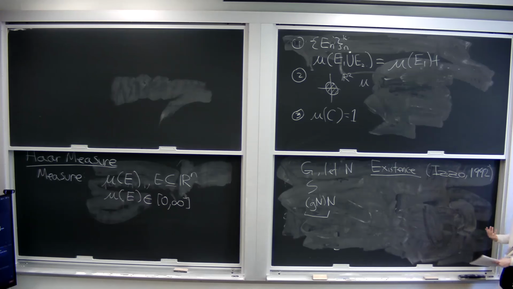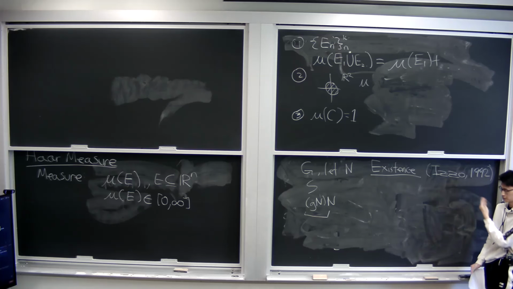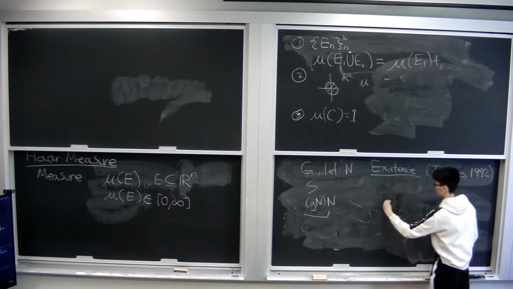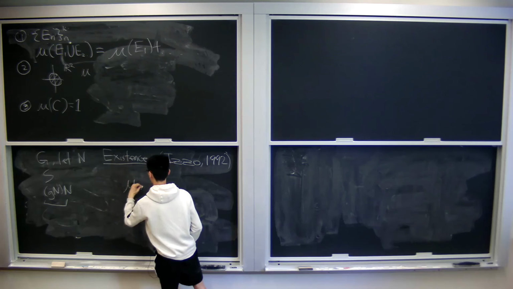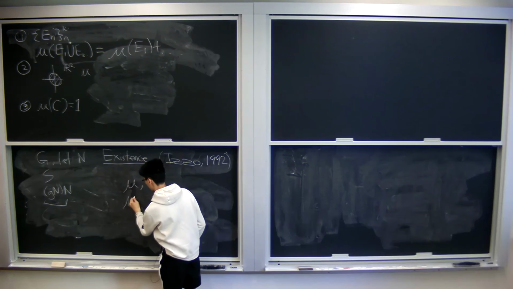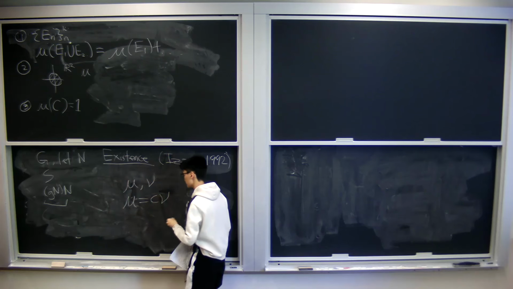Uniqueness, it's the fairly standard computational proof, where you basically show that first you need to find a specific function, one of these positive functions with compact support, and then we will show that for two Haar measures on the topological group, mu and nu, they differ by a constant, basically.